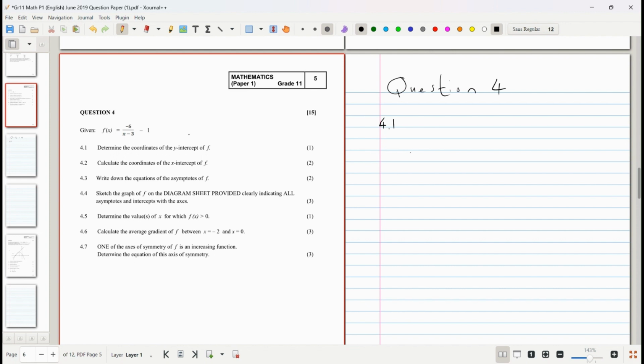Why? Because when we check the general function of a hyperbola, it's y equals a divided by x plus p, plus q. So this equation resembles the hyperbola equation, and we know that we are dealing with a hyperbola.